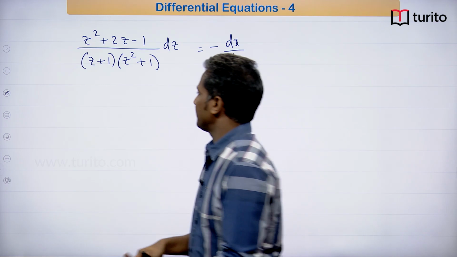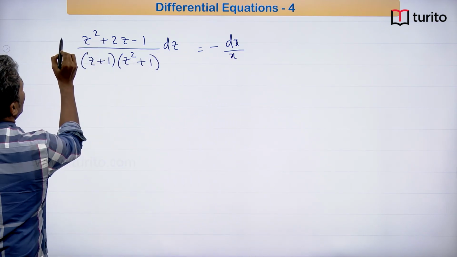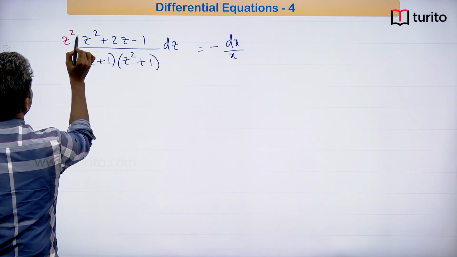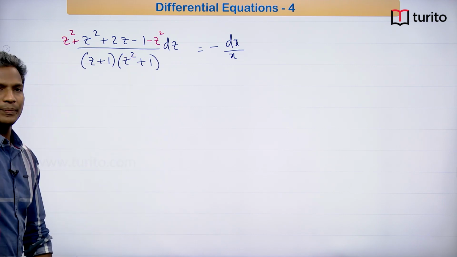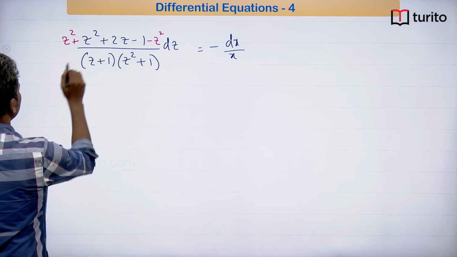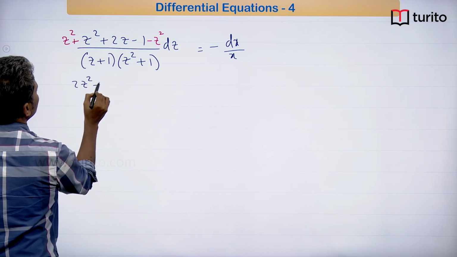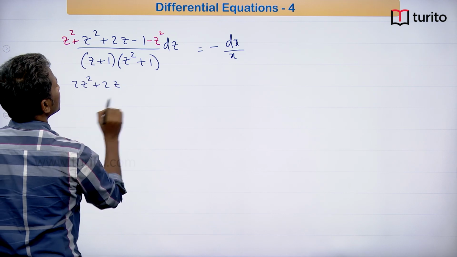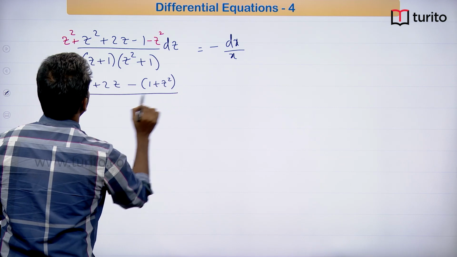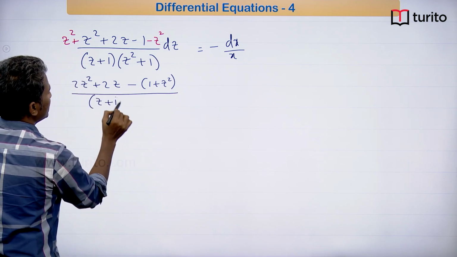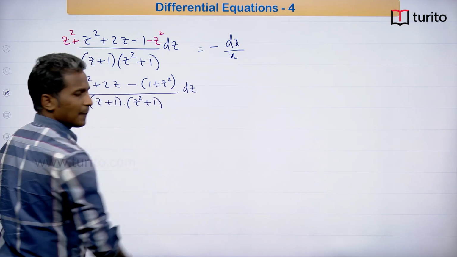So, how do we do it? By using this manipulation. I am going to add z square here and subtract one z square here. So, then what do I get? I will just simplify the LHS. We will get 2z square plus 2z minus 1 plus z square, divided by z plus 1 into z square plus 1 into dz, right.